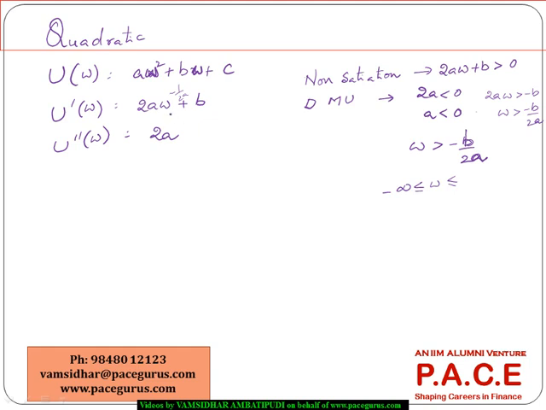Right, if I am taking W to be minus 1 by 2A, this 1 plus B, so at the max it can go to minus 1 by 2A. So the W is lying between this particular limit.